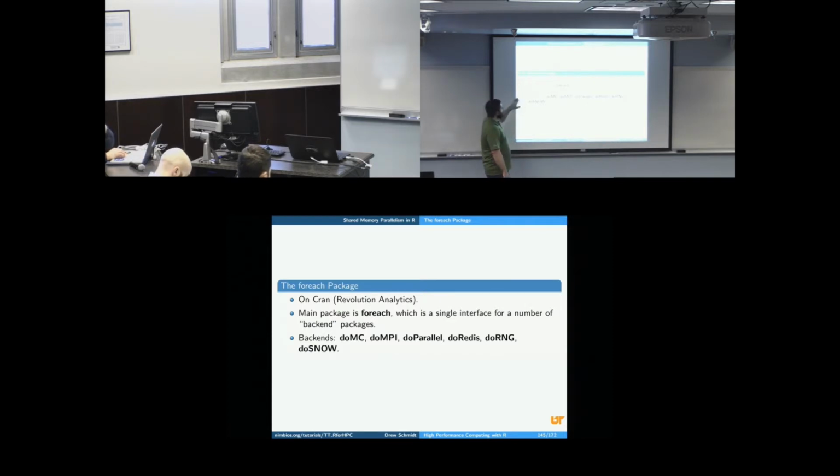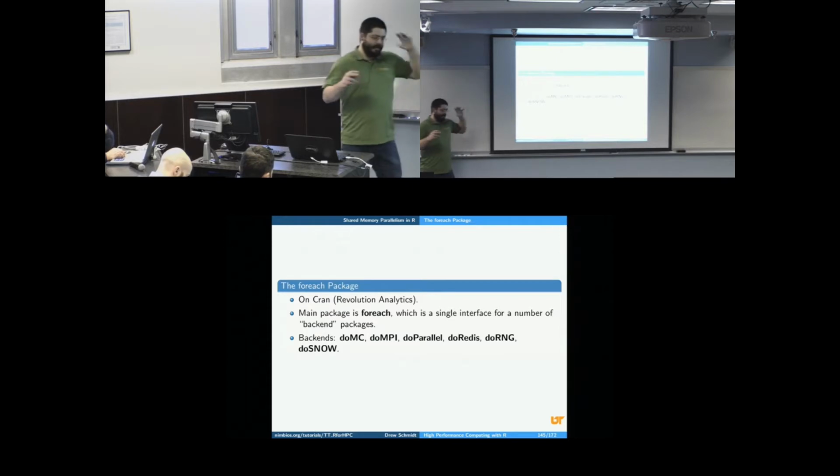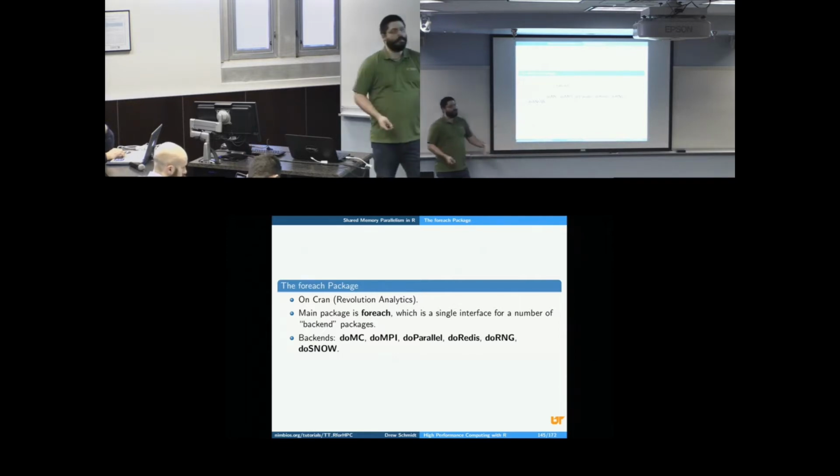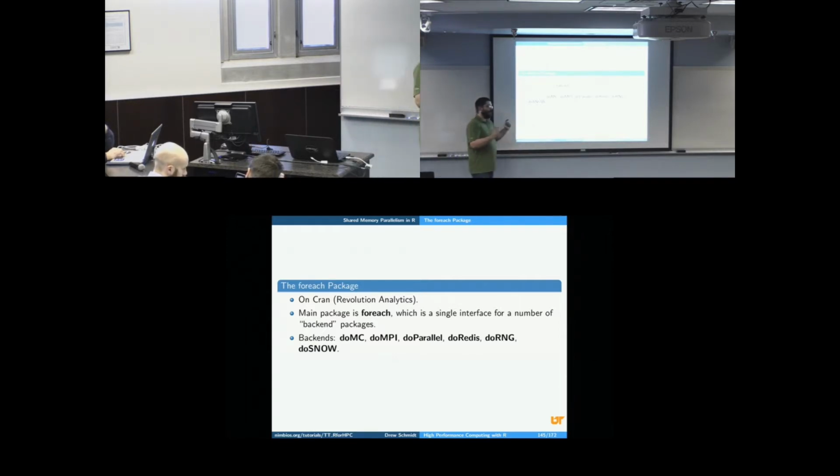The main package is foreach, and it's like this unified interface for these different kinds of parallel interfaces for R. So like Rmpi, snow, multicore. You just want to have one kind of syntax, and then you'll just plug in a backend like multicore, MPI, parallel. There's a Redis one, I think is how you say that. The doRNG is useful for random number generation.